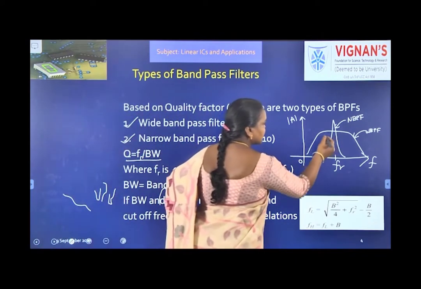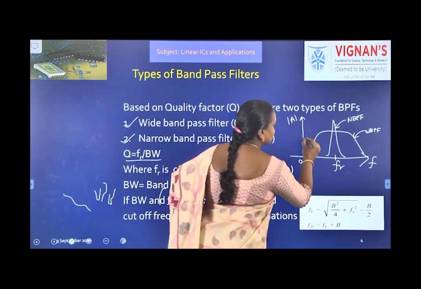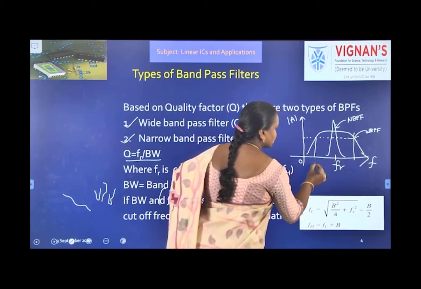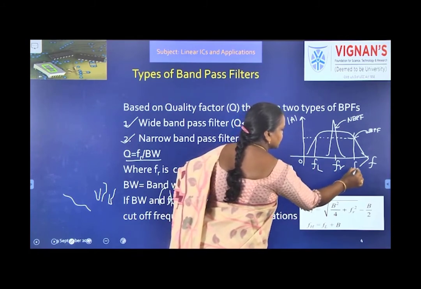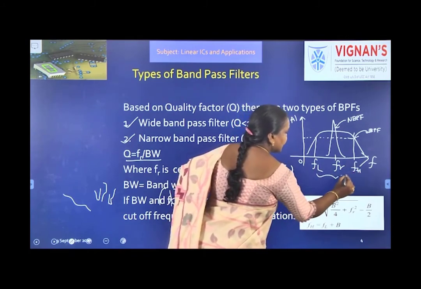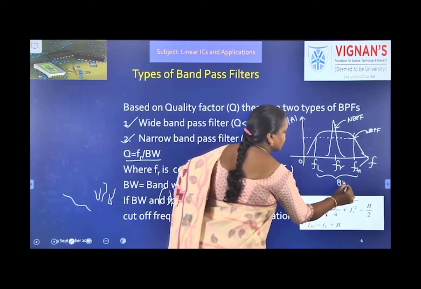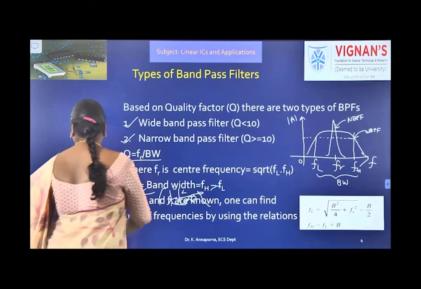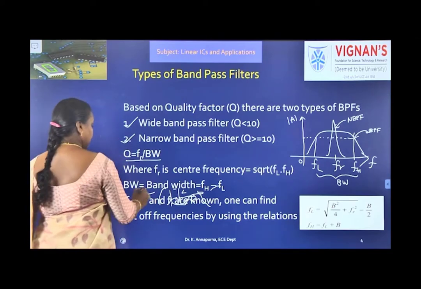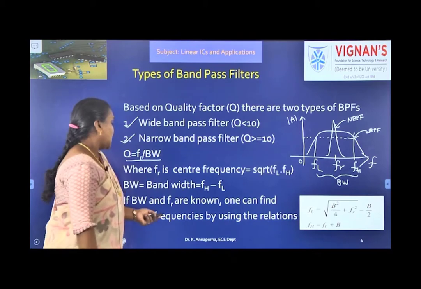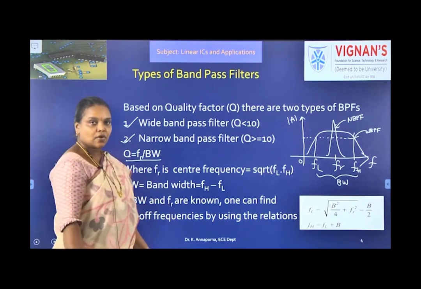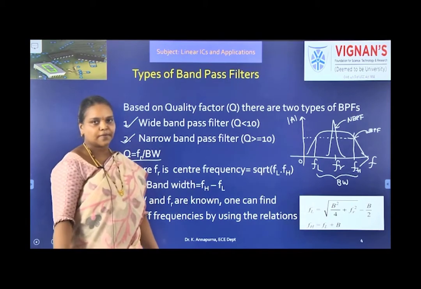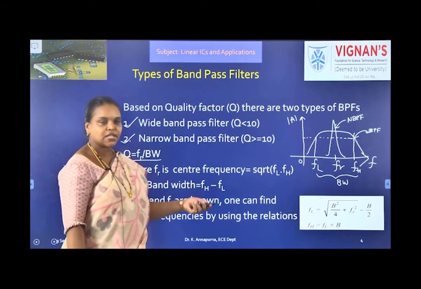For example, for wide bandpass, suppose these two are the cutoff frequencies. This range is called bandwidth, that is FH minus FL. If bandwidth and resonant frequency are known, one can find the lower cutoff and upper cutoff with the help of those two formulas, where B is bandwidth and FR is the resonant frequency.